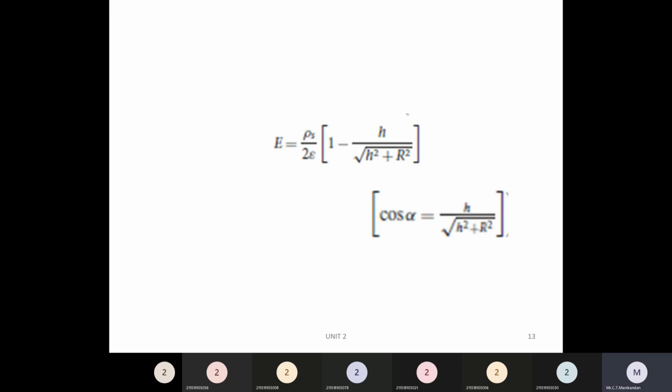E equals rho S by 2 epsilon into 1 minus H by root of H square plus R square. This is what we have obtained for the electric field due to a circular disk, where cos alpha is H by root of H square plus R square.